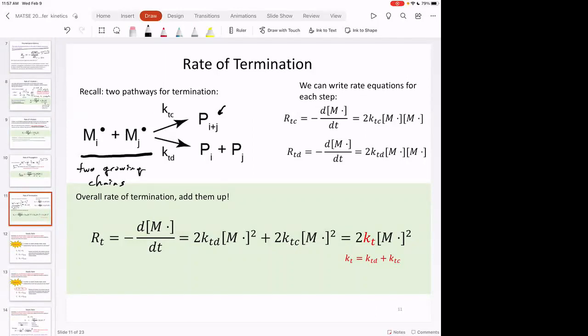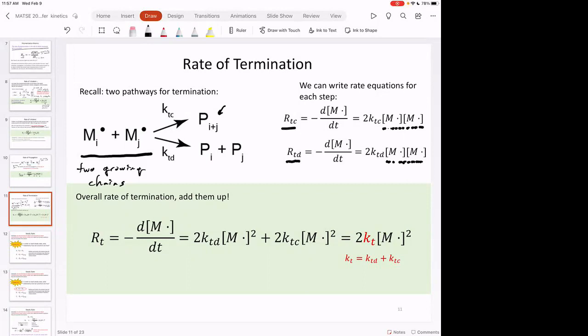So make sure you can connect that process to this little diagram right here and make sure that makes sense to you. So we can write a rate expression for the rate of termination by combination. We can write a rate expression for termination by disproportionation. Notice that they both have exactly the same reactants, and you have 2 different rate constants.